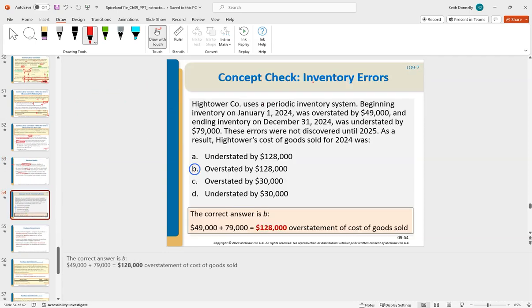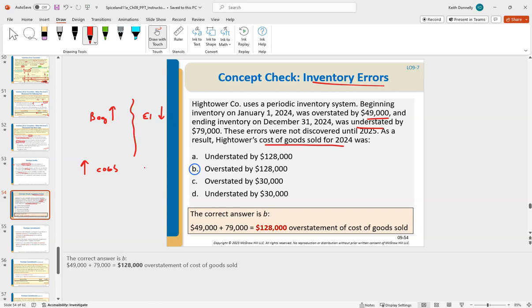So here's an MCQ with an inventory error. They tell us here beginning inventory was too big by 49,000. Ending inventory was too small by 79,000. So if you looked at these in a vacuum, what are the effects of it? Cost of goods sold, essentially if you have too big beginning inventory, that's going to make your cost of goods sold too big.